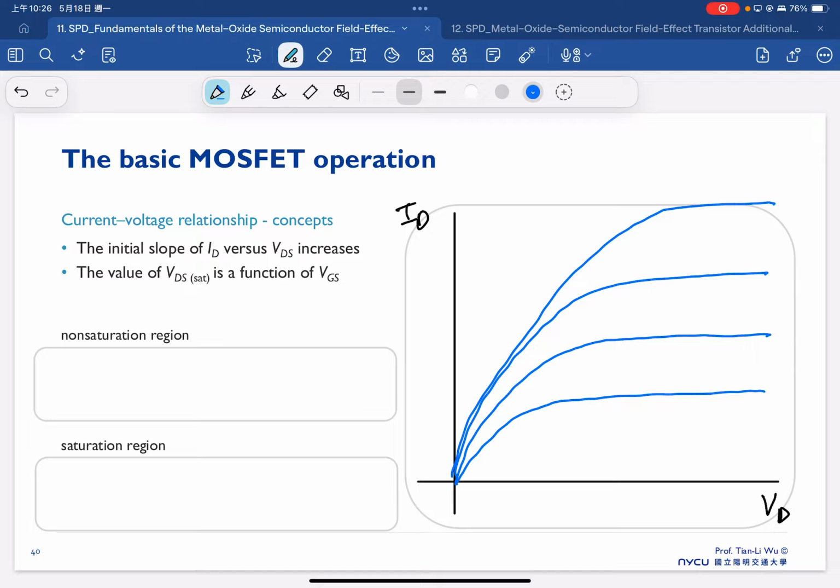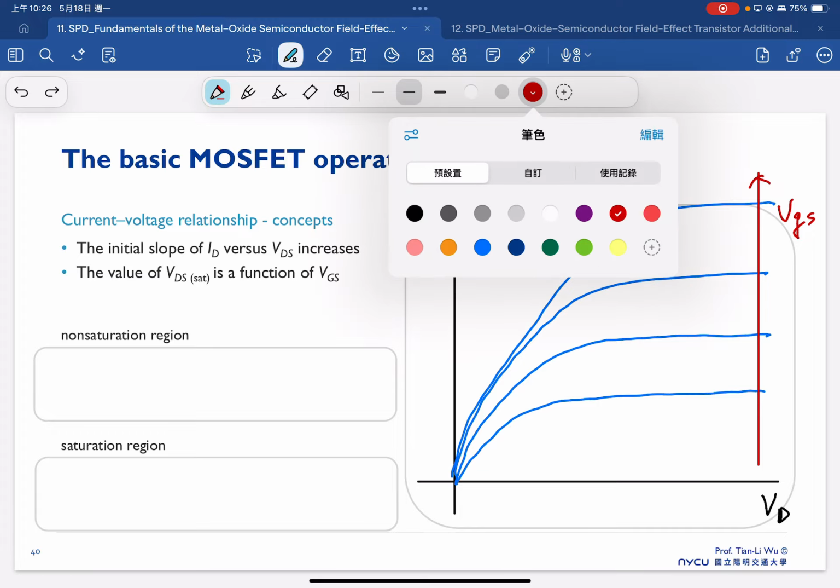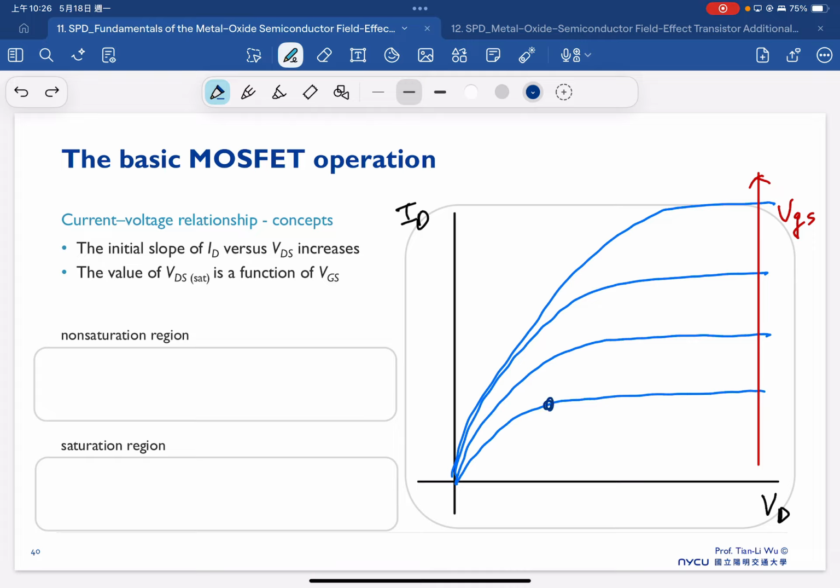This is ID-VD with the increase of VGS. The different VGS will cause a different VDS set, which we might have here, here, here, here.